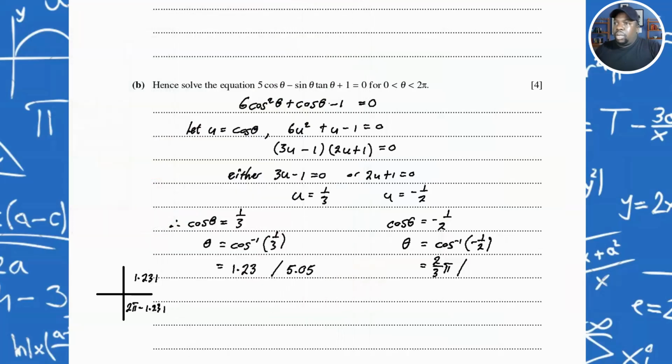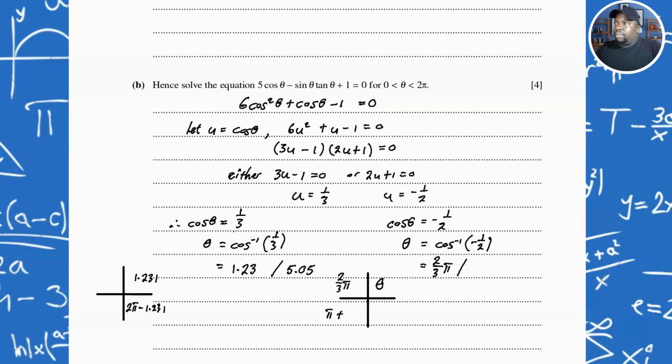Let's just have the quadrants, a quick one here. If we consider the quadrants, we know that cos is negative in these two quadrants. So the 2/3 pi we got is in this quadrant here, and the third quadrant value, which is also the next value that we want, should be pi plus theta.